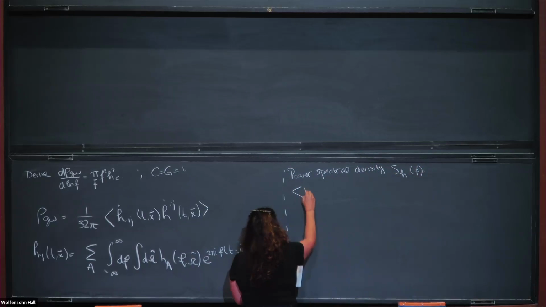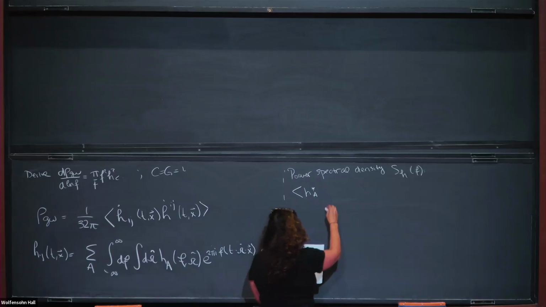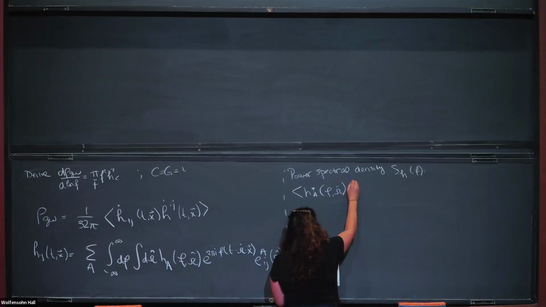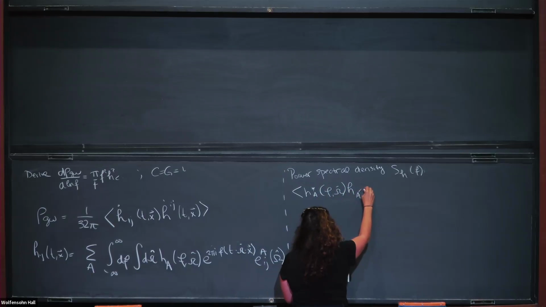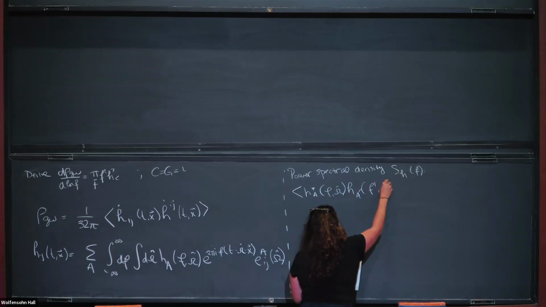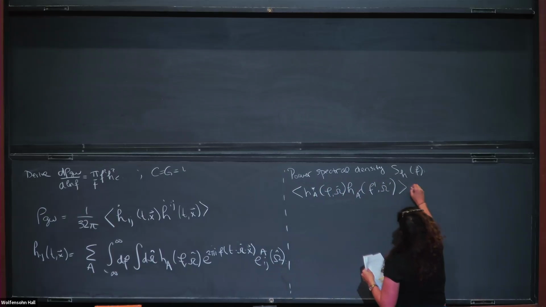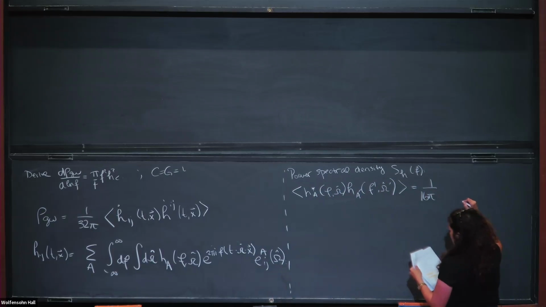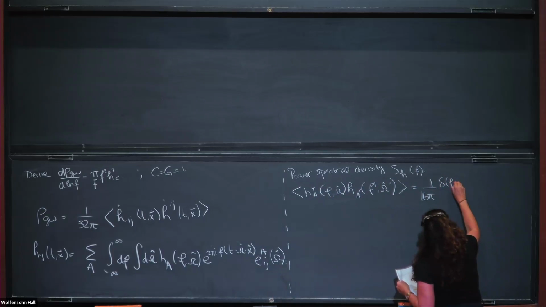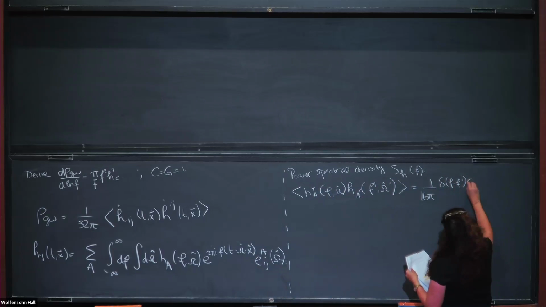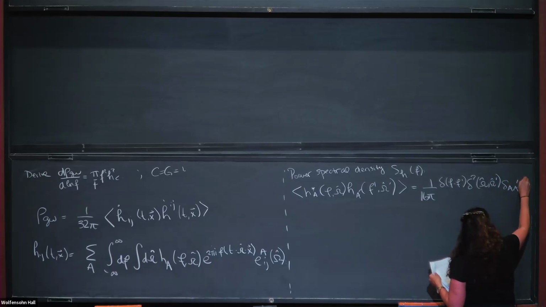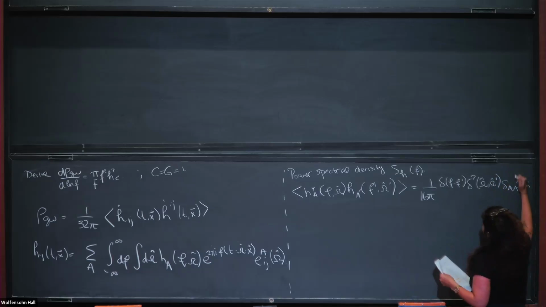So we have h star A of f and omega hat, and then we have some h A prime of f prime, omega hat prime, and this is equal to 1 over 16 pi times delta of f minus f prime, delta squared of omega hat, omega hat prime, and delta A A prime, S_h of f.